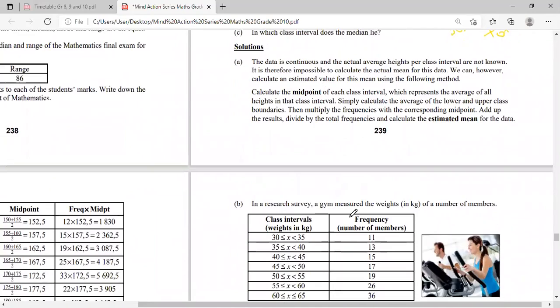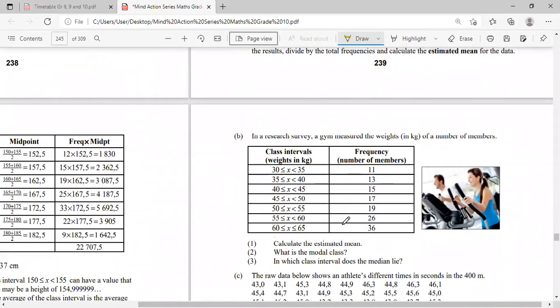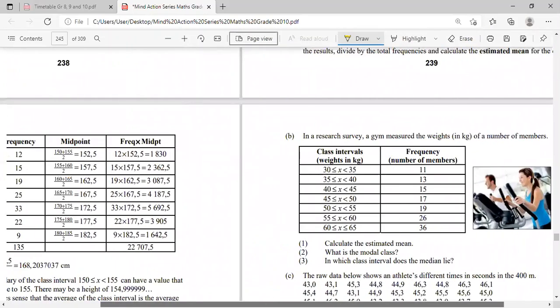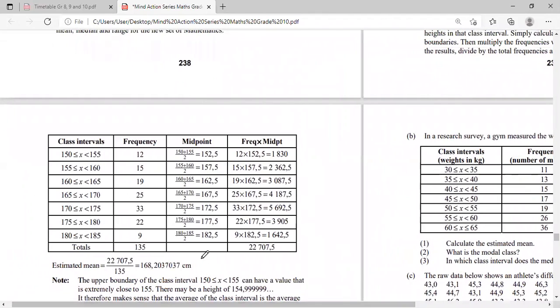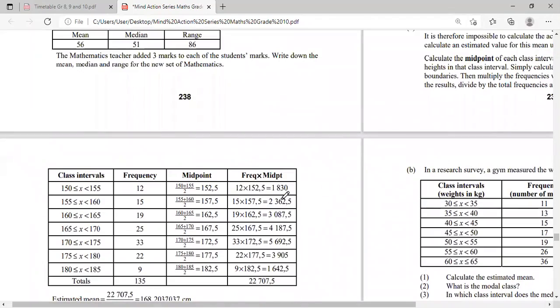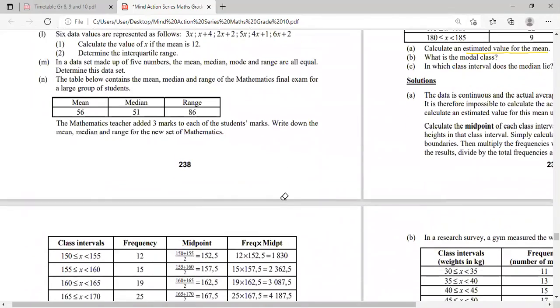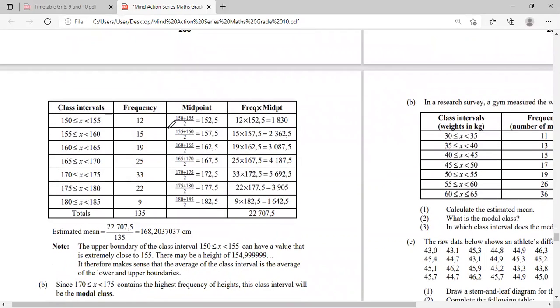Firstly, we're going to start with the midpoint. Here's our solution. We take our interval values, 150 and 155, add them and divide by 2. That is the midpoint.